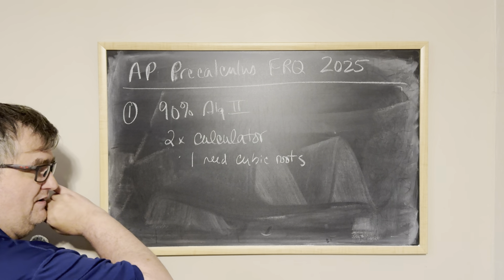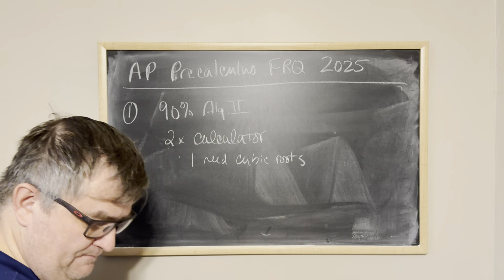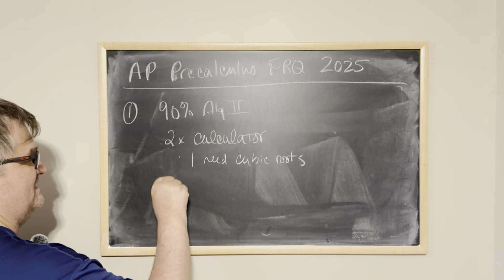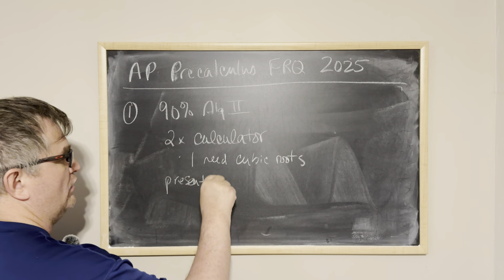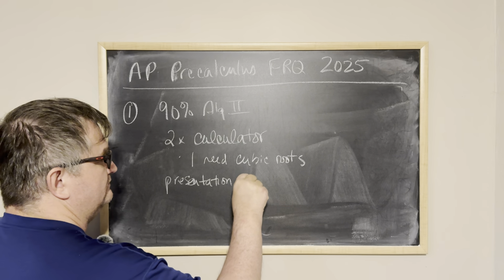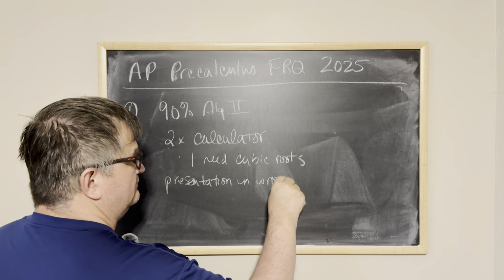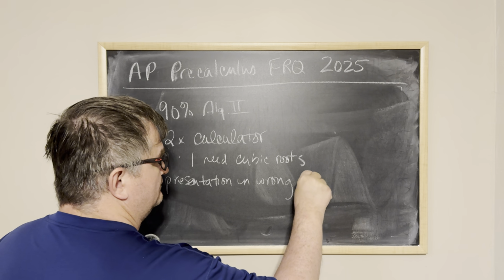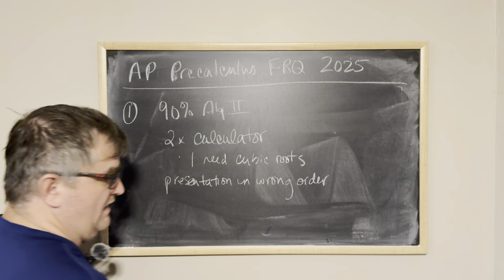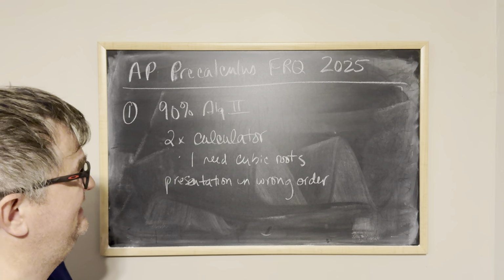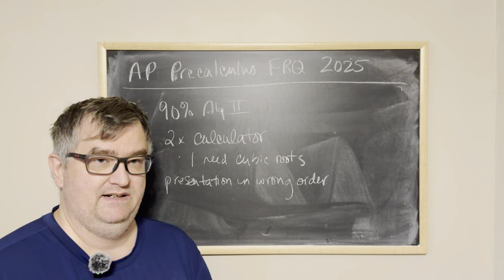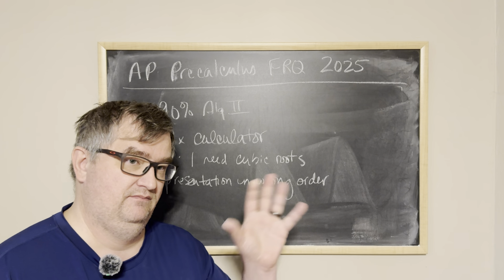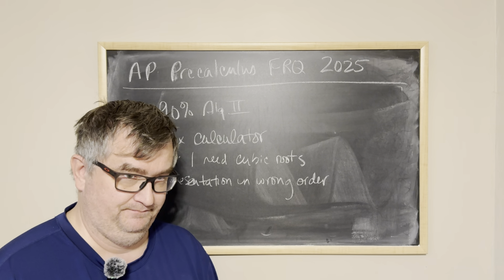The other thing I noticed about this is the presentation of the question is in the wrong order. If I am grading this, I want to see if the student can recognize, hey, do you know what type of function this is?